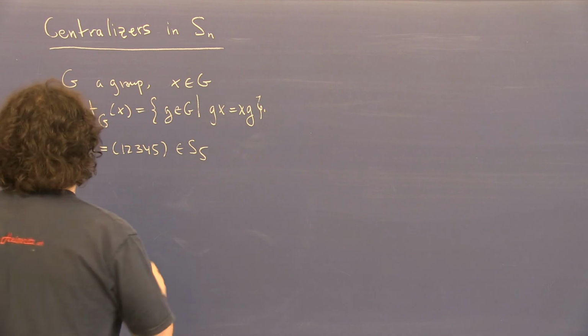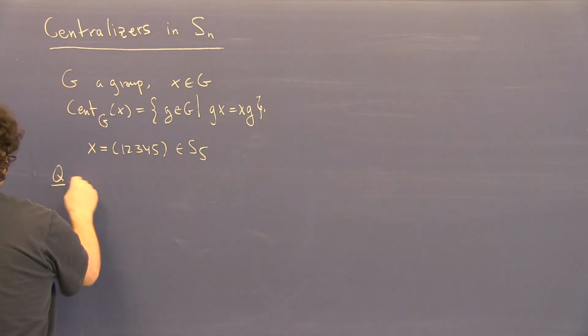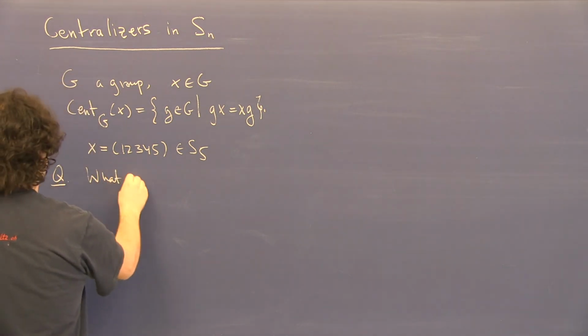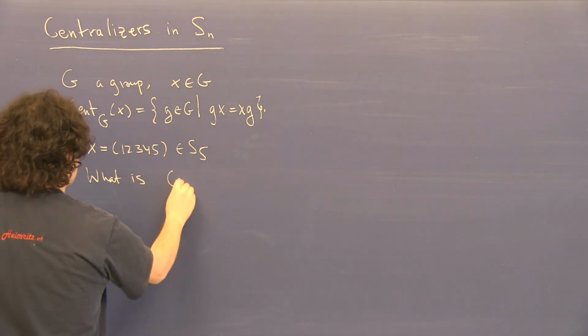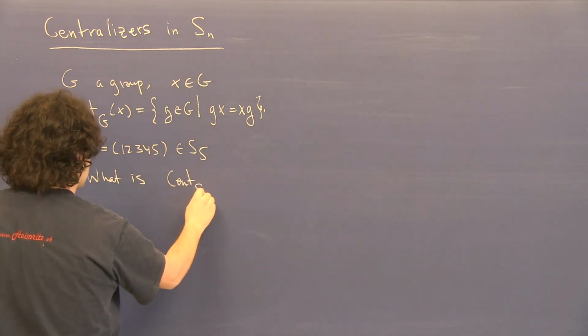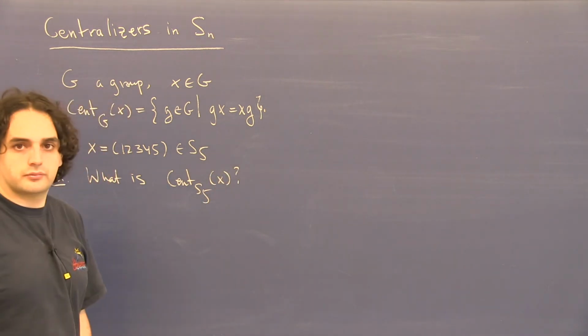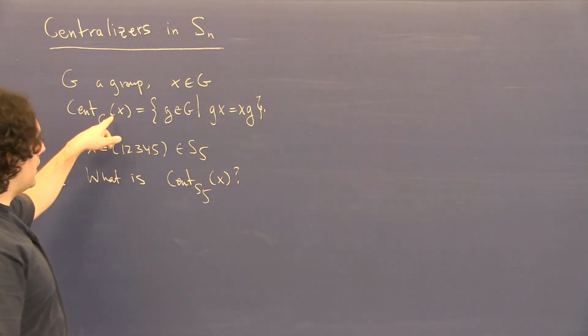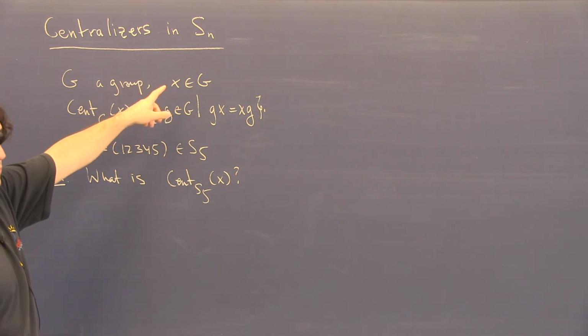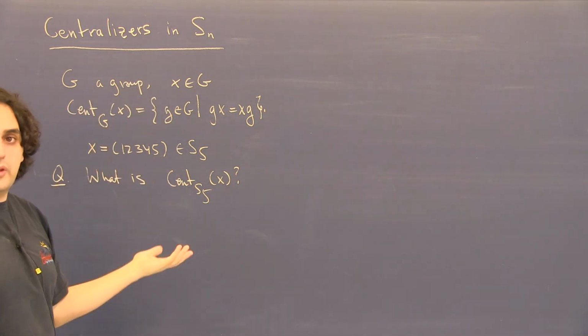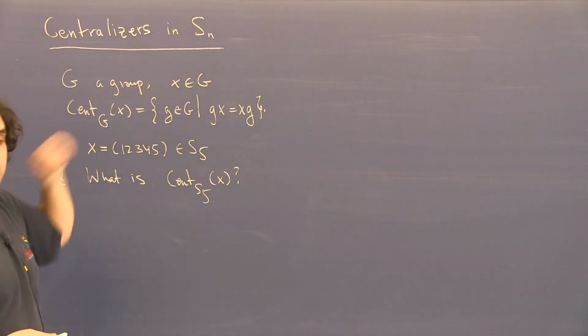Okay. So, question: what is the centralizer in S5 of x? Now, whenever we have an element in an arbitrary group, there's one thing that we always know is trivially contained in the centralizer.